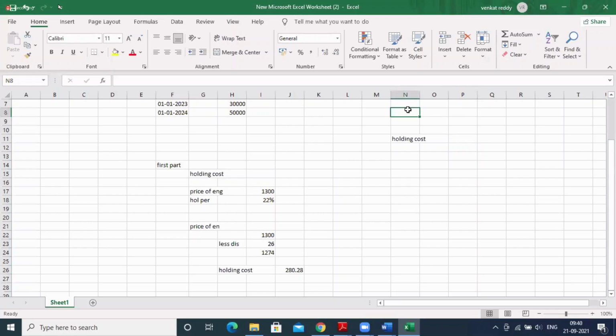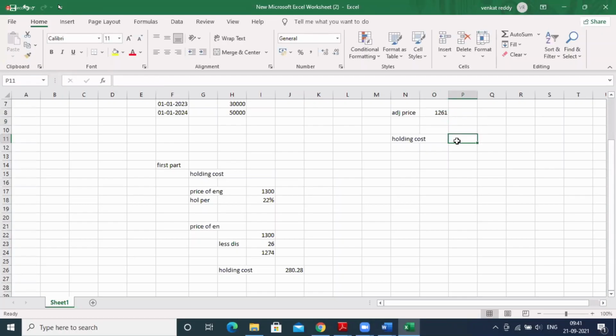First, the adjusted price. So what is the adjusted price? The cost of the machine is 1300, but because you are ordering more than 250 units, you get a 3% discount. So the adjusted price is how much? 1261.